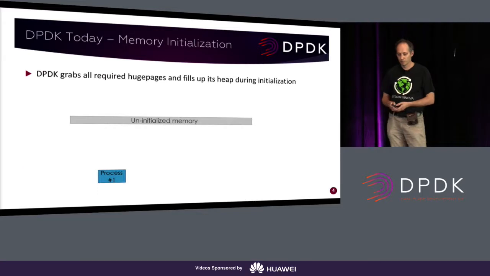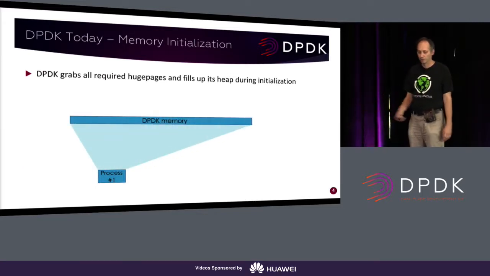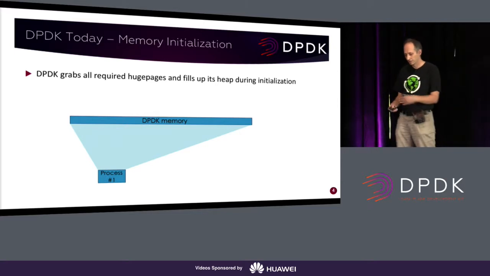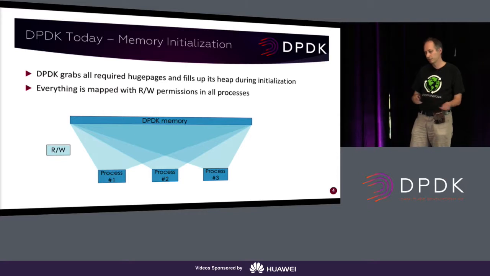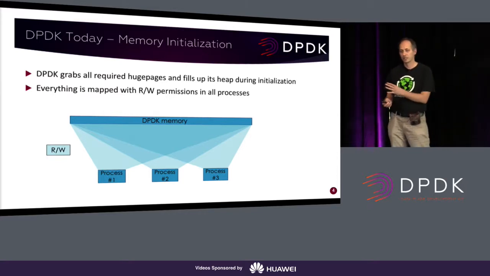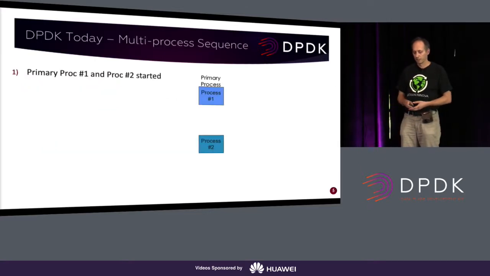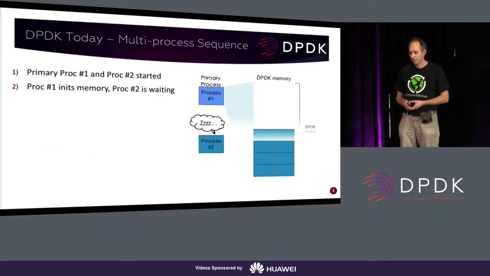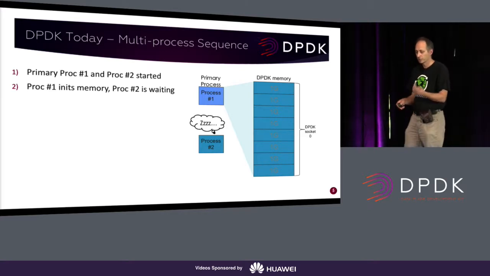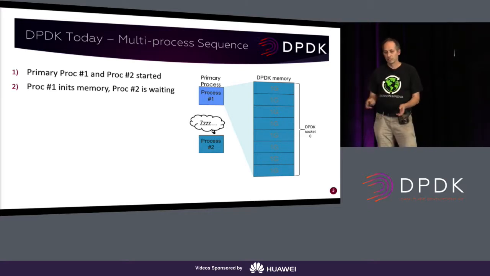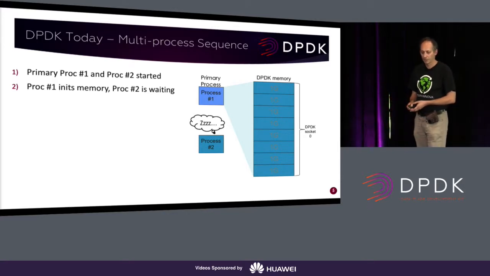This is an overview of how DPDK works. It grabs all the huge pages at startup, and if you're running a multiprocess environment, the secondary processes attach to the memory. The sequence is that the primary process allocates the memory, and while it's doing the allocation at init time, the other process is sleeping.